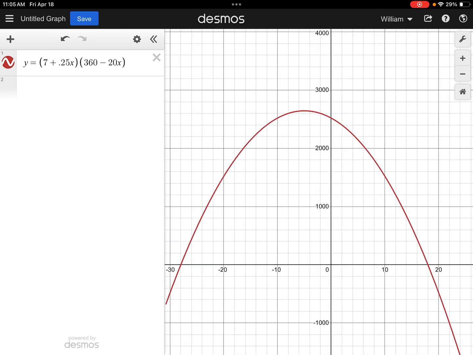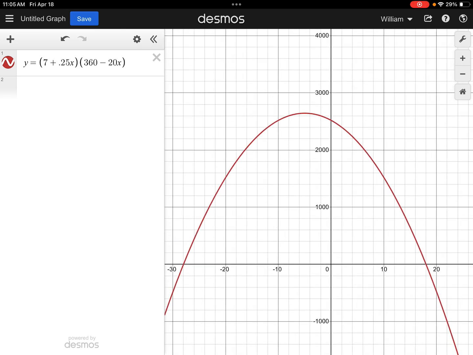And if you want to see how the problem hits there, now I want to find my vertex. That's going to make the max profit. Notice my vertex is -5. So actually, I should lower my price on the subs to make my maximum profit. So I should lower the price by $1.25.